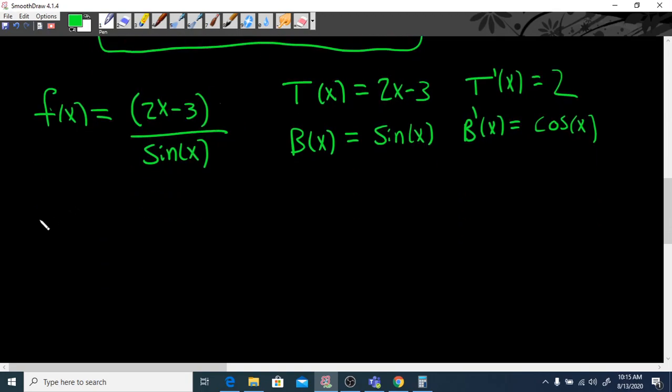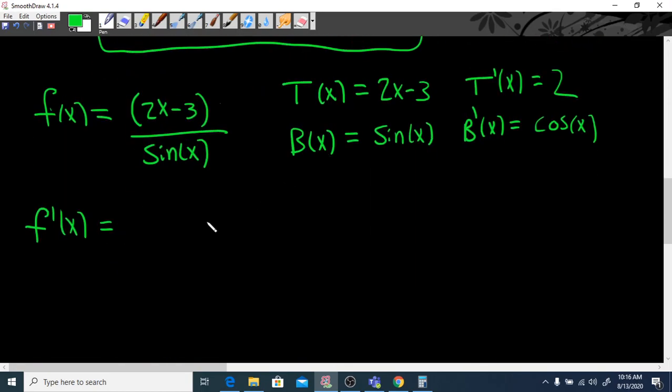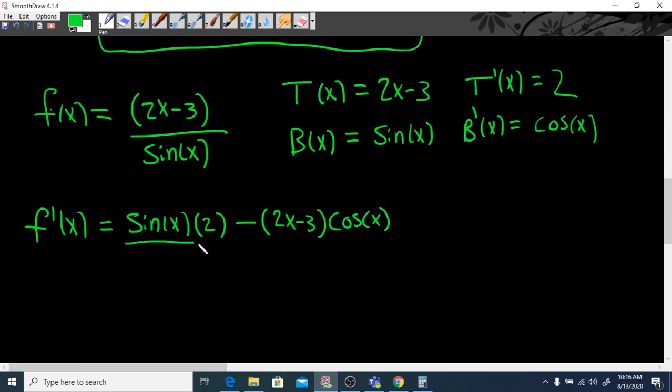So f prime of x is going to be bottom times derivative of the top: sine x times 2, minus the top, 2x minus 3, times the derivative of the bottom, and all of that over the bottom with no derivative squared, so over sine squared.